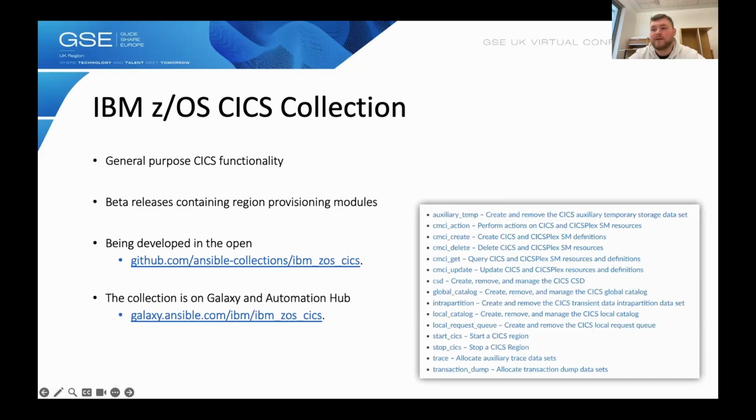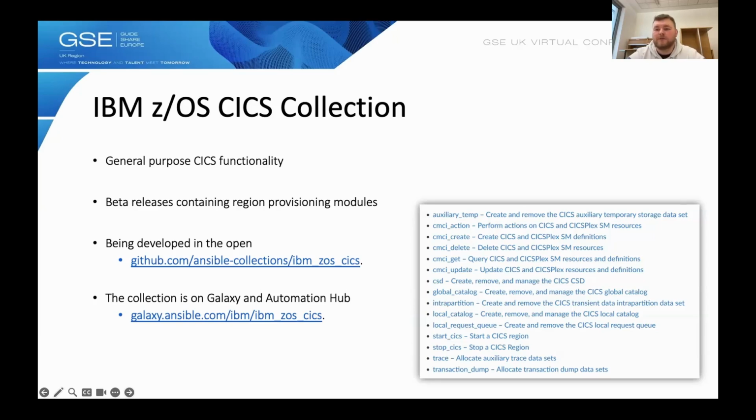We then have the CICS collection, which is a more specific but still general purpose CICS functionality collection. This is split into two halves at the moment. Drew was showing the beta release, which contains the region provisioning modules. That's a module for each required CICS dataset, plus a couple of modules to start and stop your region, things like that.